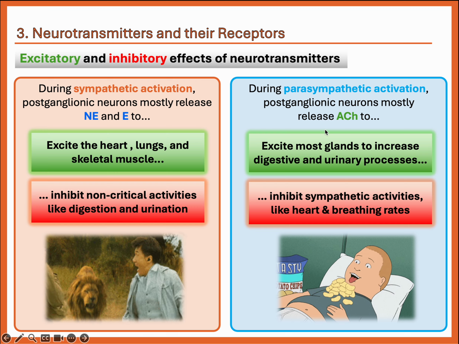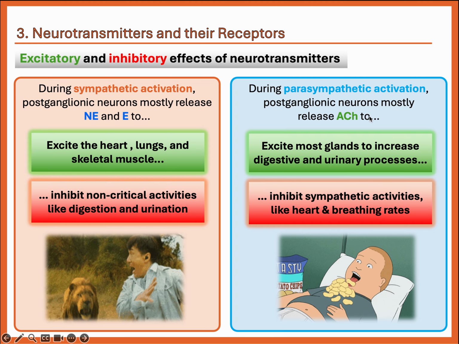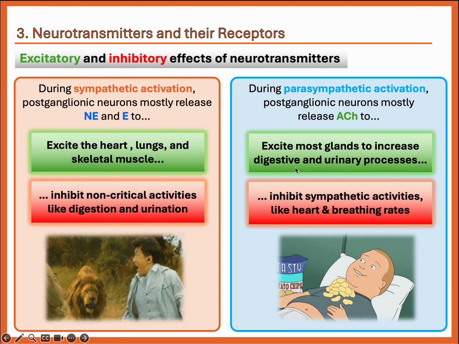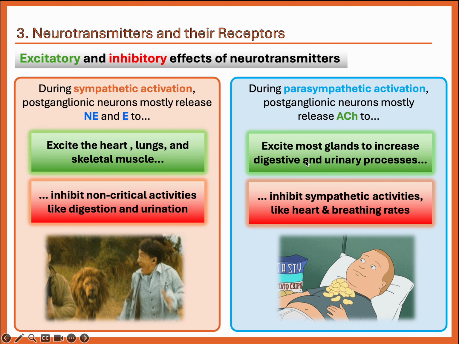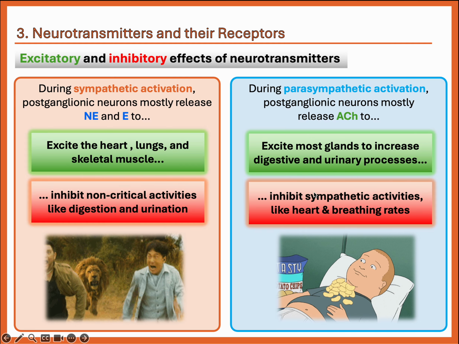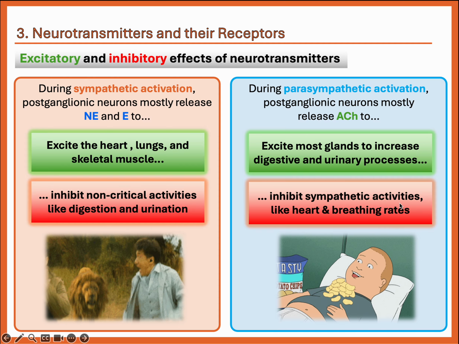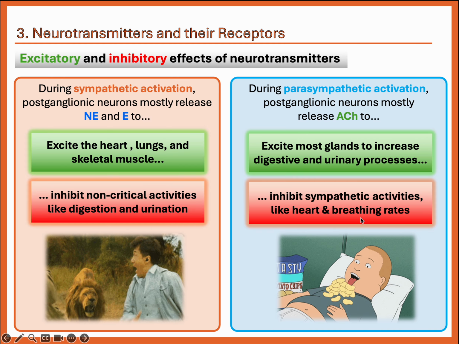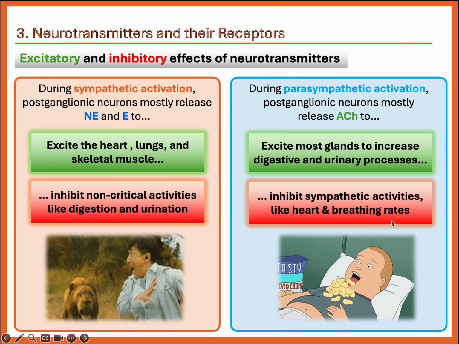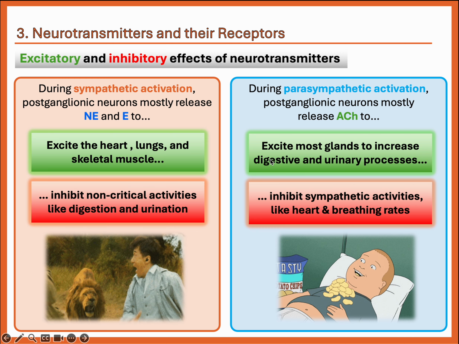During parasympathetic activation, postganglionic neurons mostly release acetylcholine that excite most glands to increase digestive and urinary processes. They inhibit sympathetic activities like heart and breathing rates, right? So it's the opposite in parasympathetic.